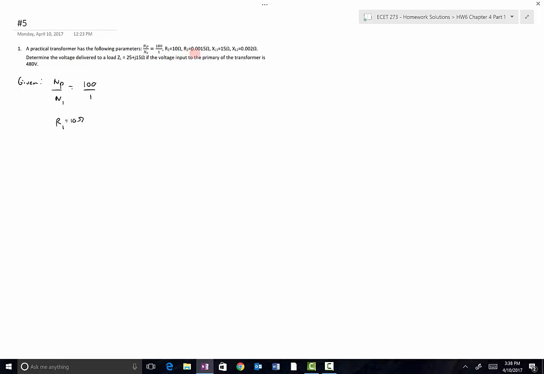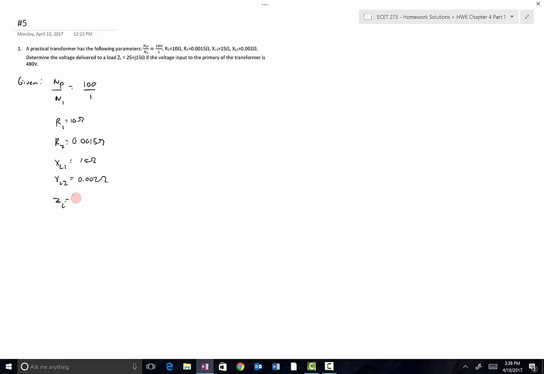The resistance of the secondary is 0.0015 ohms. The leakage reactance of the primary, XL1, is equal to 15 ohms. And the leakage reactance of the secondary, XL2, is going to be equal to 0.002 ohm. We've got a load.